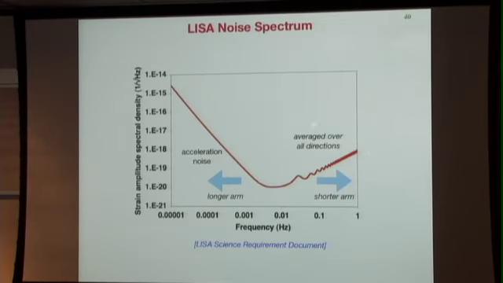So the total noise curve shifts this way. If you have a longer arm, your acceleration noise becomes better, but you collect less light, and then this rises up. So basically, if you want to reach a better sensitivity at around 10 millihertz, this is a local minimum, a local stability point for designing the LISA interferometer.